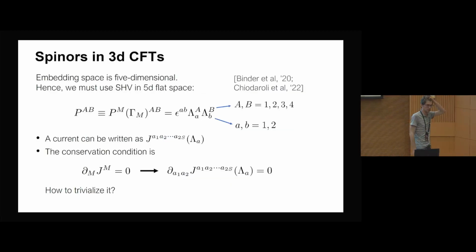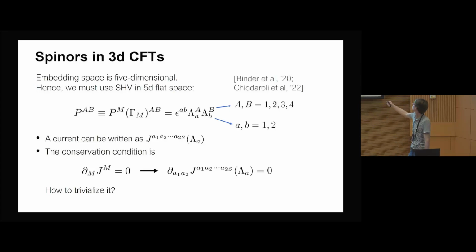So let's turn to the case of 3-dimensional CFTs. And again, let's just follow our nose and play the same game. Here the embedding space is 5-dimensional, and hence we must now use the version of spinor helicity variables that has been developed in 5D flat space.